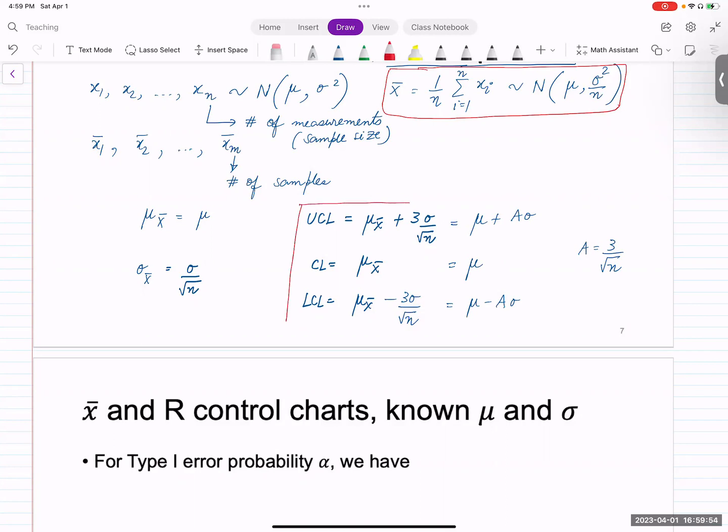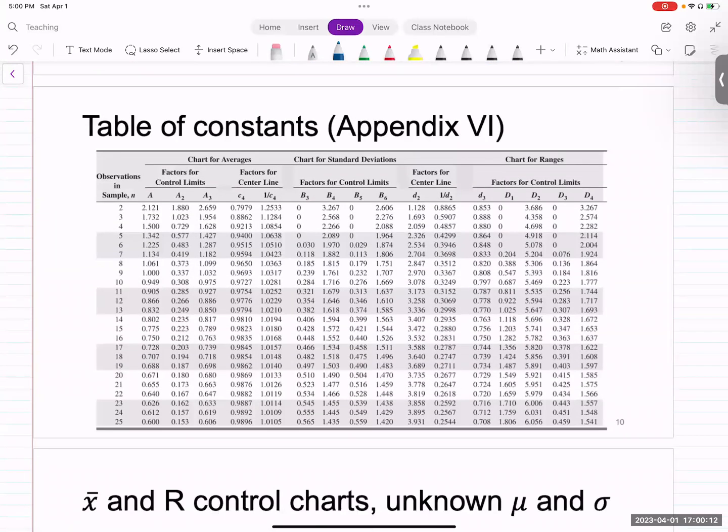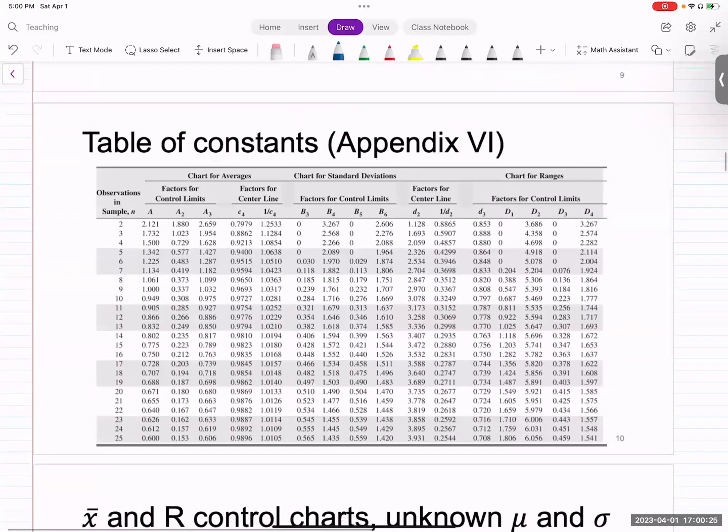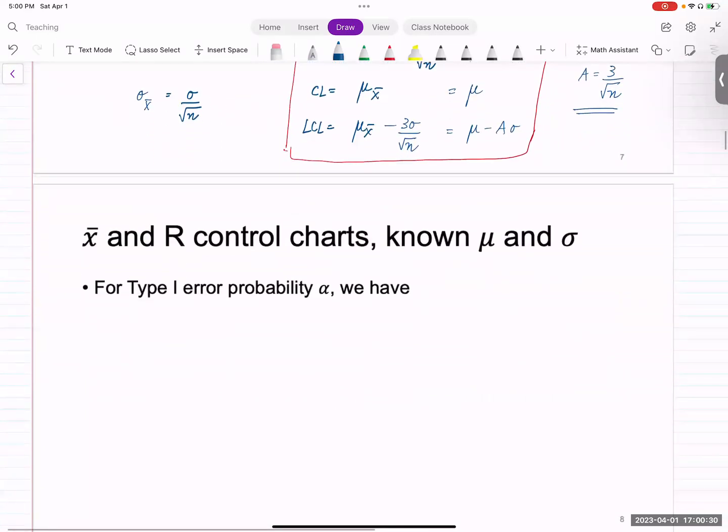This is your first control chart, the X bar control chart, and it uses a constant A equal to 3 over square root of n. As we develop more control charts, you'll see more of these constants. All of these constants are given in appendix 6 of your book. And even in the exam, I will provide you with this appendix, so you don't have to worry about having it with you.